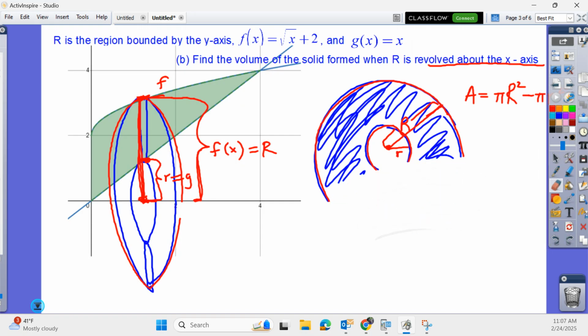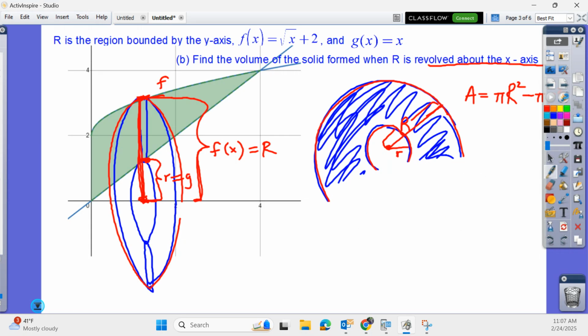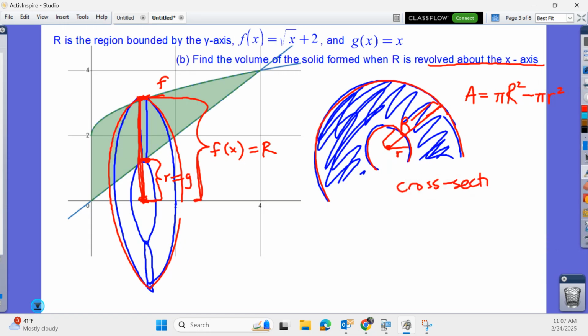Okay, and so this cross-sectional area, I'm going to erase part of my washer here just to make some room, is just pi times f of x quantity squared minus pi times g of x squared. Now, one other thing we can do, we can actually factor the pi out.